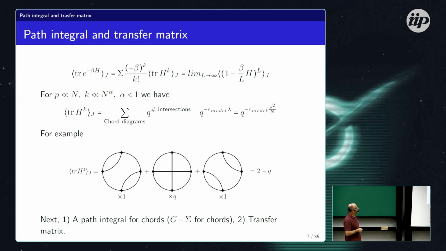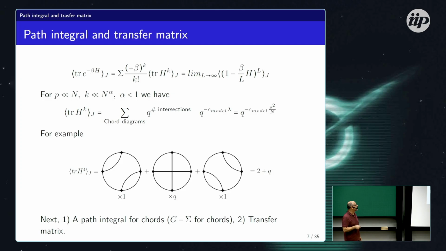So the statement is that this trace is the sum over chord diagrams, q to the number of intersections. And q is e to the minus some constant that depends on the model times lambda, or p squared over n. So what's a chord diagram? I take k points on a circle. k has to be even for this to be non-zero. And then I just look at all the pairings between them. So if I compute trace h to the 4, there are these 3 pairings.